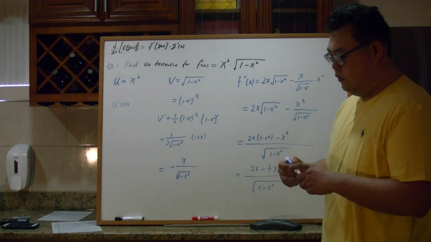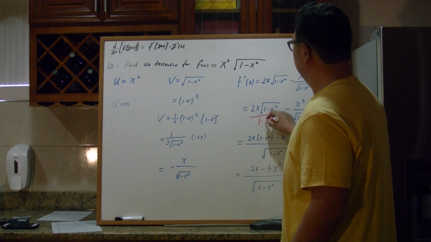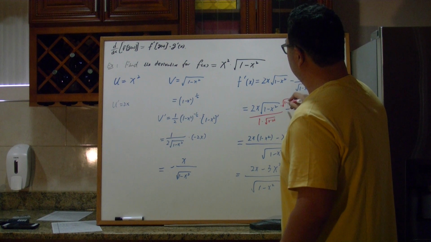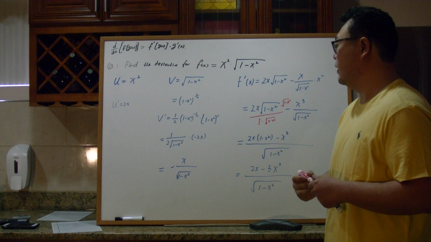When we multiply the radical 1 minus x squared on the top and bottom, we get the expression underneath the radical.